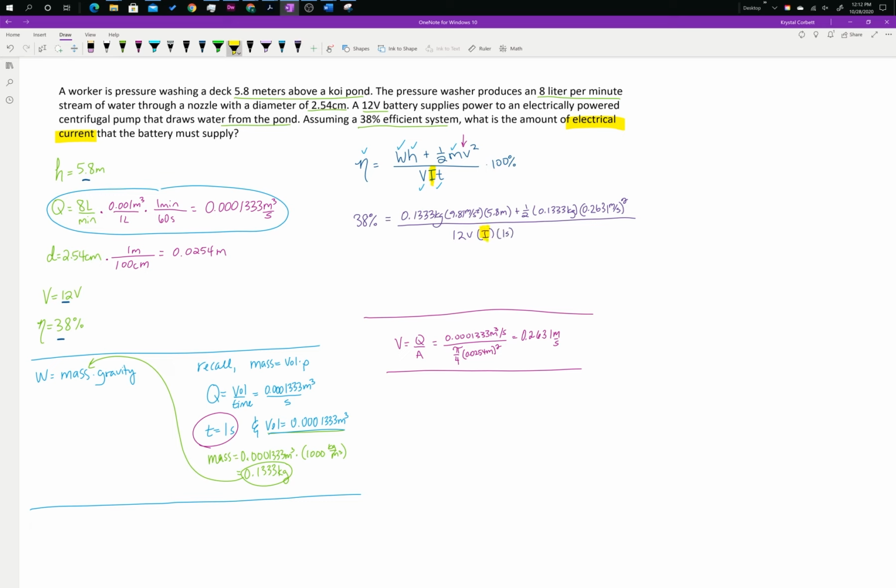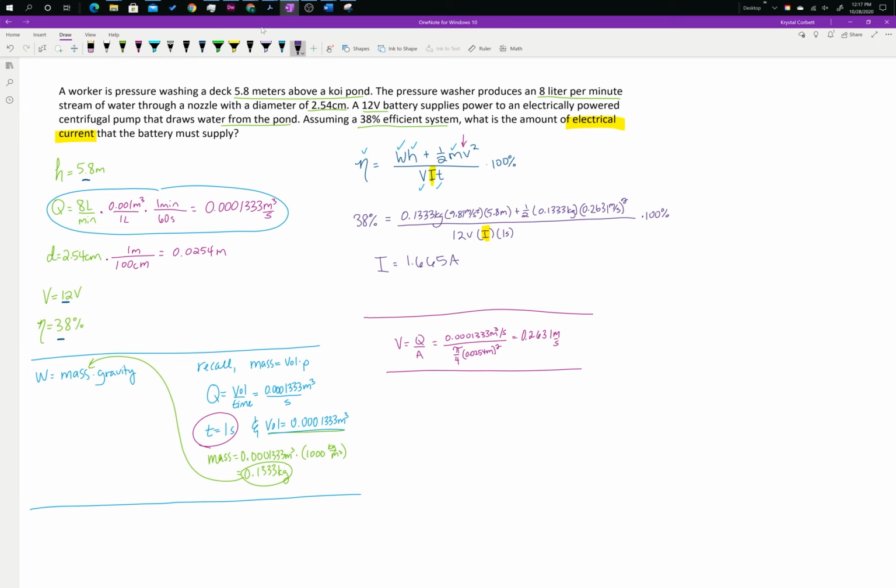Now you can rearrange the expression and solve for current. Current equals 1.665 amps.